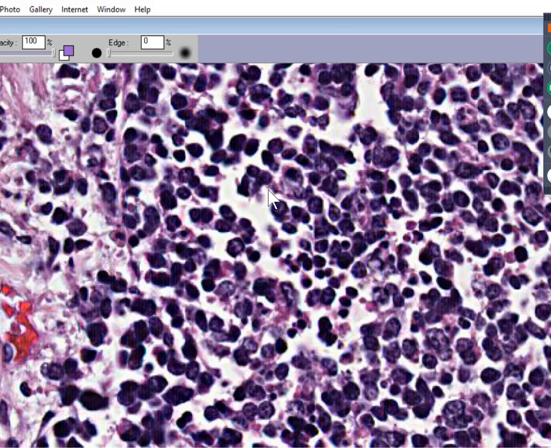Also, oat cell carcinomas or small cell carcinomas grow very rapidly, and that's why they have a worse prognosis than the non-small cell carcinomas. Not only do they grow rapidly, they may even grow too rapidly to receive a proper blood supply, and therefore they may become necrotic.